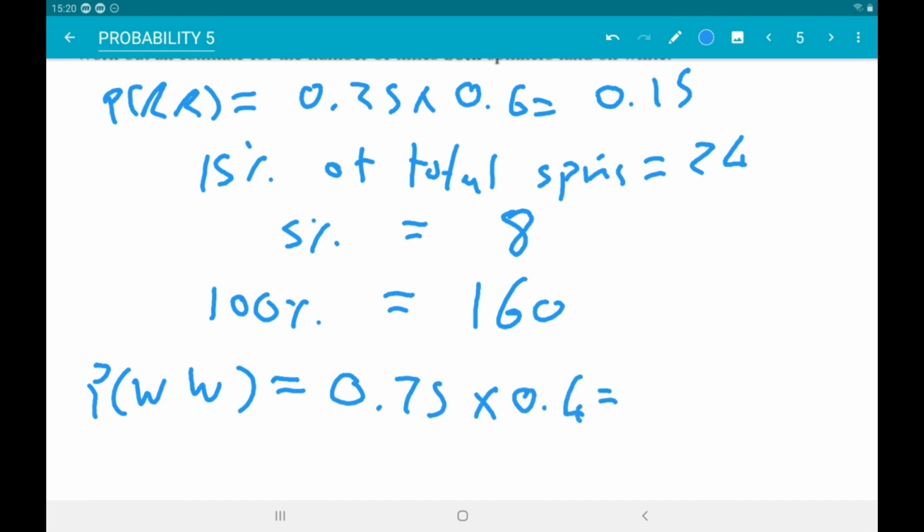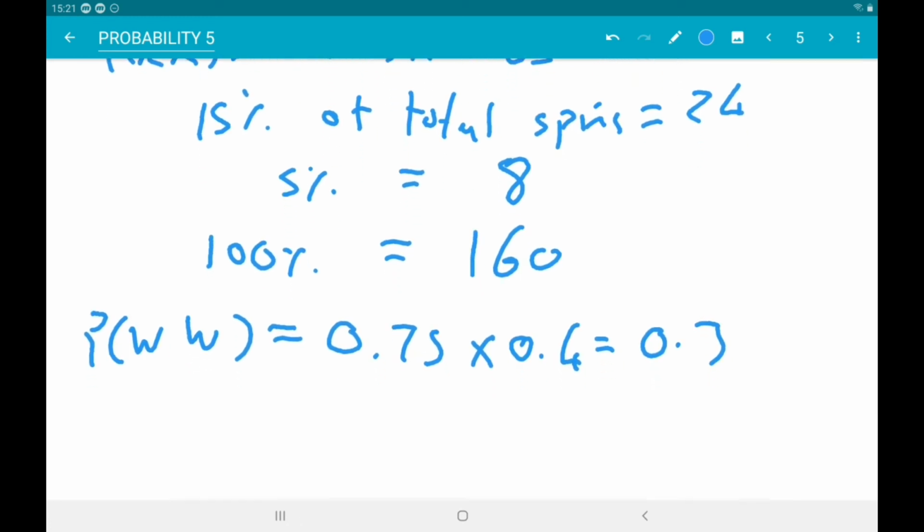Now that is 0.3. So, to work out the estimated number of times he got white, we now do 0.3 times 160. And that gives us 48.